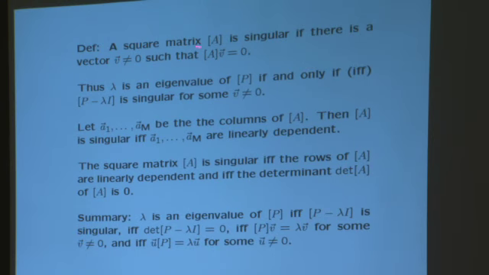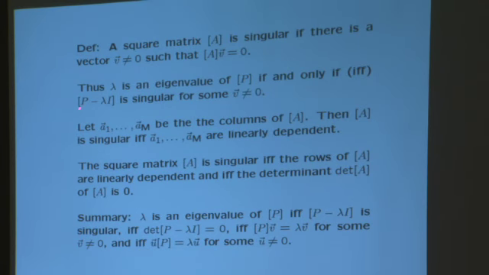Okay, now a square matrix A is singular if there's a vector v such that A times v is equal to 0. That's just a definition of singularity. Now, lambda is an eigenvalue of a matrix P if and only if P minus lambda times I is singular. In other words, if there's some v for which P minus lambda I times v is equal to 0.